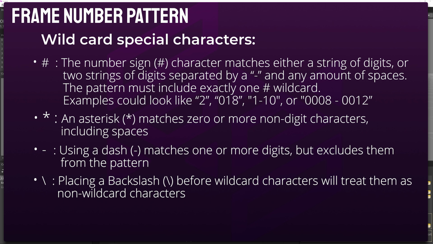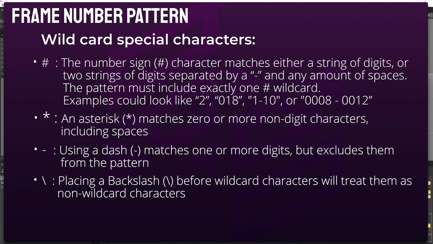Some examples could look like 2, 018, or 1-10, or 0008-0012. The result is used as the frame number or frame range if it's a range. The pattern must include exactly one number sign wildcard.